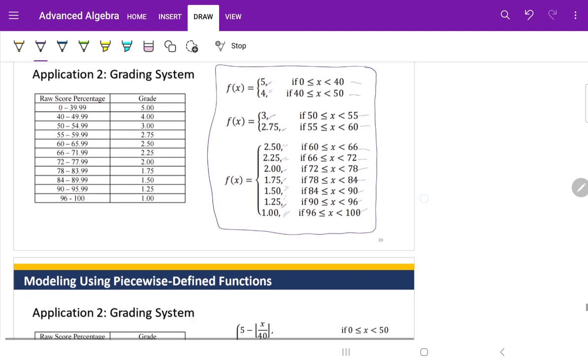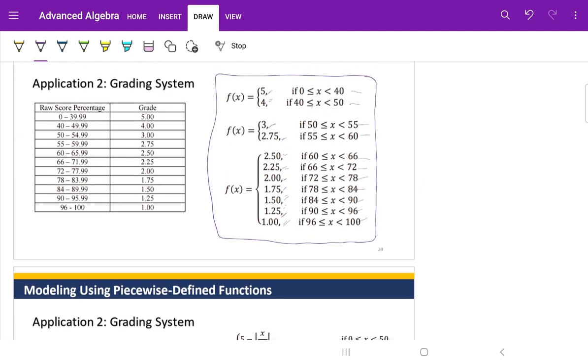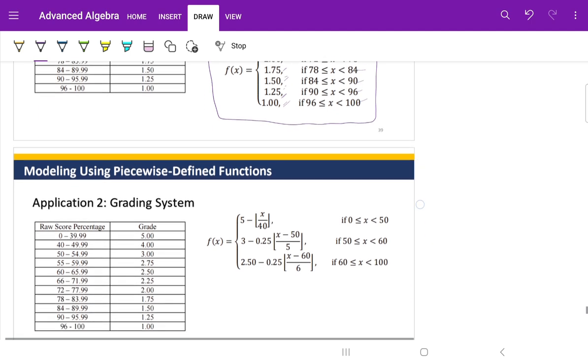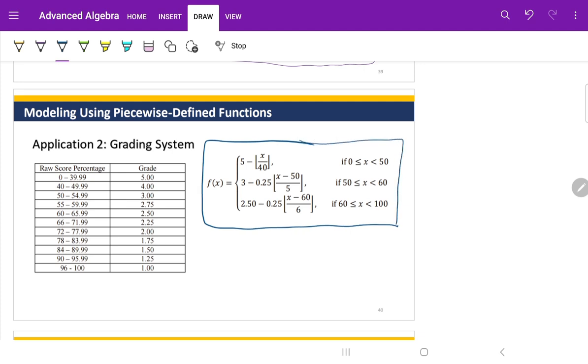We can further simplify this because it is too long. So if we want a shorter version, then this will be the result. Let's try to apply this piecewise defined function to see if it models our grade correctly.